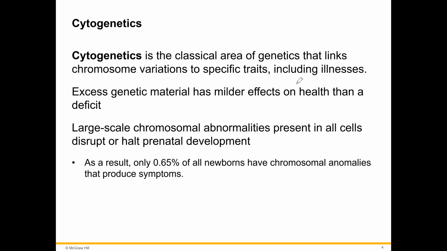That means, how many newborns have symptoms that are related to chromosomal abnormalities? For example, they have an extra chromosome, or they're missing a chromosome, or they're missing a part of a chromosome. How common is that? It's actually only 0.65%.